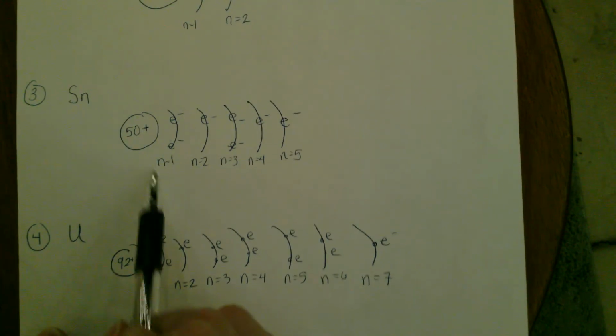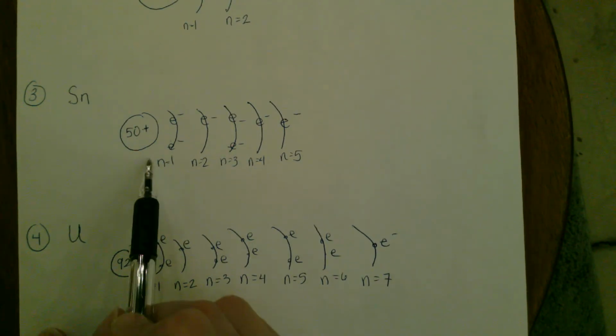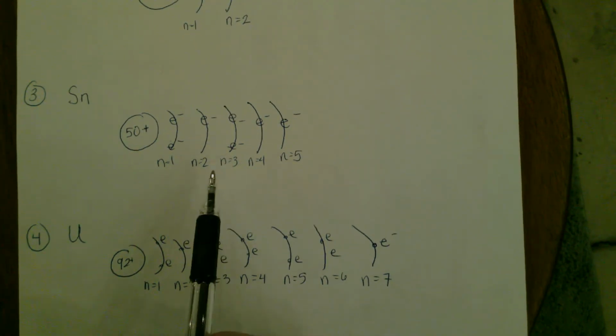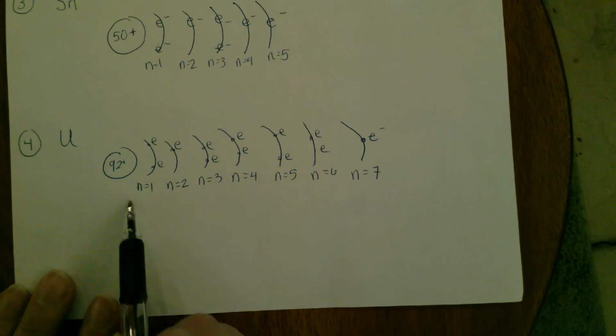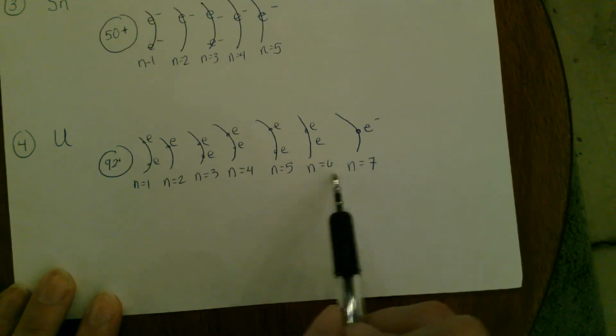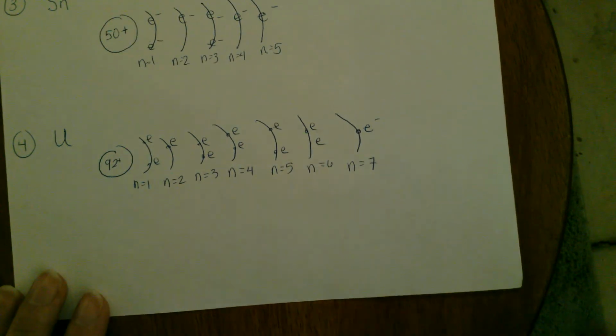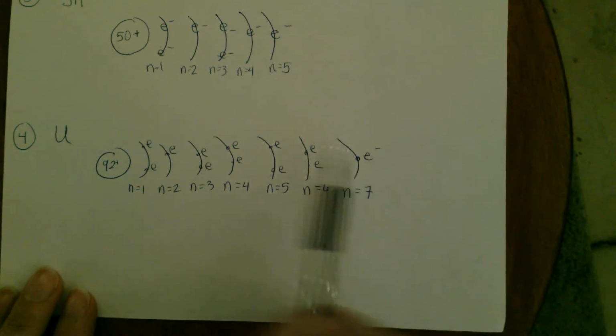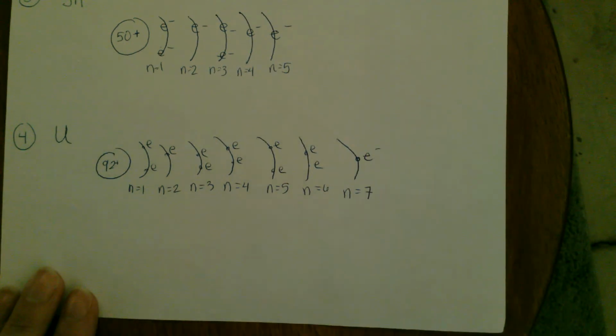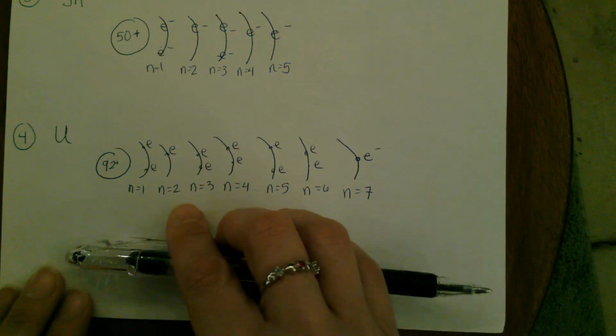For tin, with a lot of shells in here, that was like our white paper, where it was starting to block that light pretty well. And finally for uranium, with all of these shells of electrons able to screen, we saw very little light, which represents our positive charge coming through. So again, this isn't feeling a plus 92. This is feeling something much, much less.